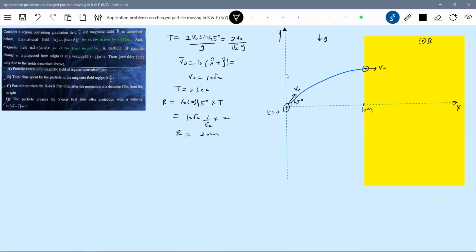This is V0. Now, in what direction will the magnetic field act here? The magnetic field is out of the plane, so the magnetic force will act downward. So there's a parabolic path, and the magnetic force will act downward. So it should deviate.